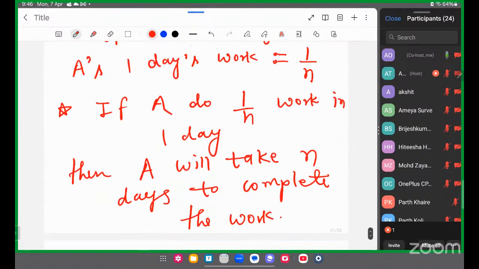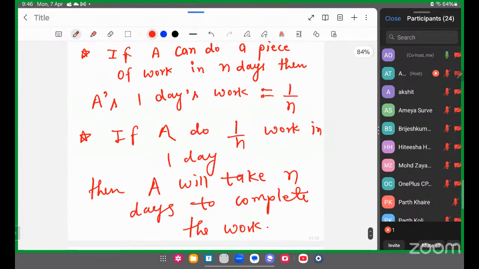Are you getting these statements? If A can do a piece of work in n days, then work done by A for 1 day will be taken as 1/n. If in 1 day A does 1/n work, then to complete the task, he will take n days. Are you getting it?